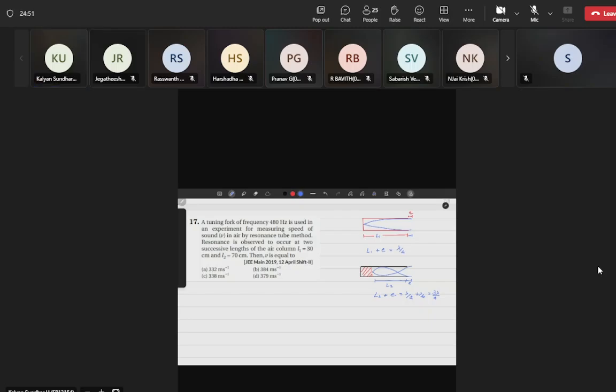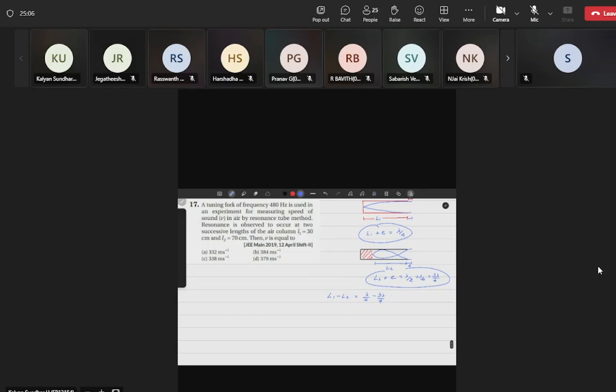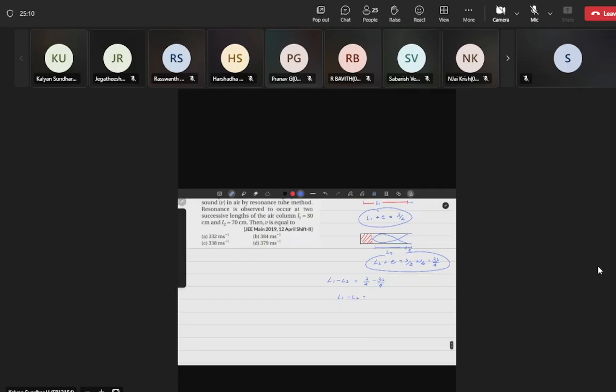Correct? Now what you will do here is subtract these two equations. So you will get L1 minus L2 equal to lambda by 4 minus 3 lambda by 4. So L1 minus L2 will be equal to minus, oh wait.